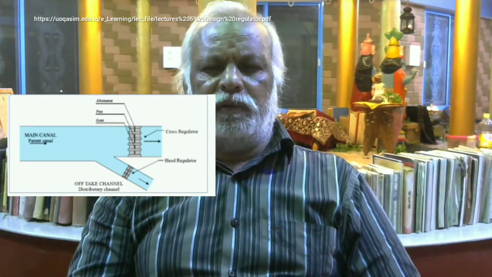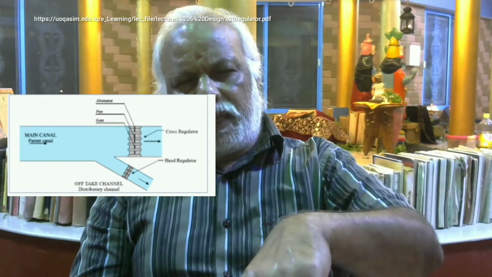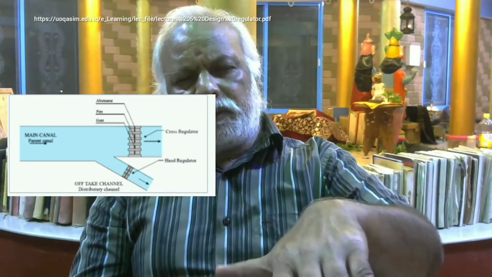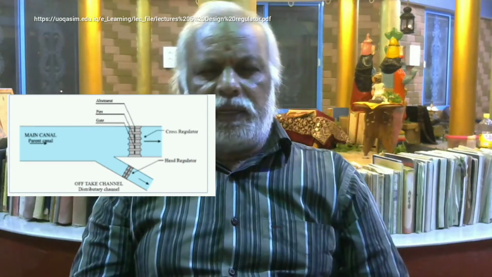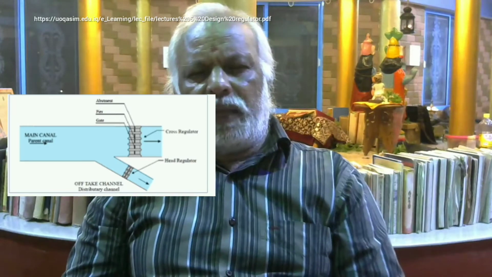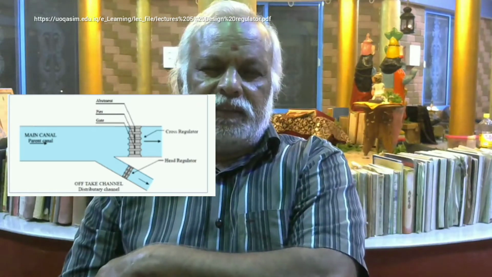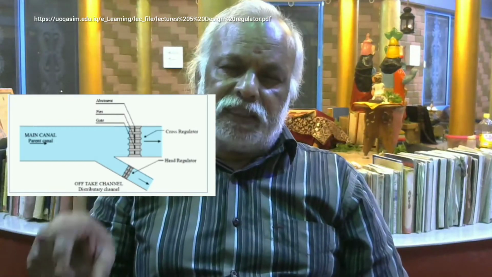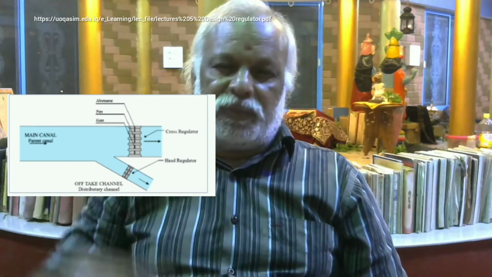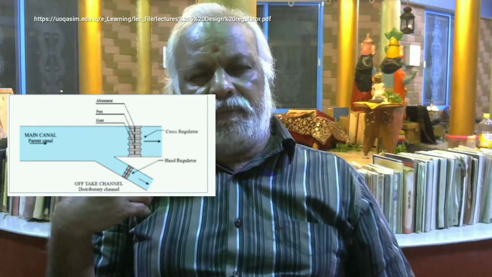Diversion headwork. So water comes from the upstream side of the dam, it enters the canal, the required water will go to the canal by adjusting the cross regulator, and excess water will come to the river. So the river will have water not by opening the shutter of the dam. The shutter of the dam will be opened only when high floods are there.